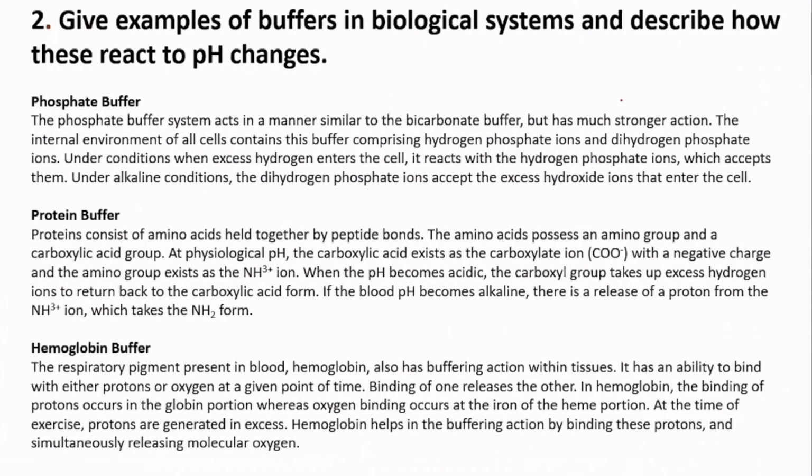So, here are some of the examples of the pH buffers that can be found in biological systems as well. We have your phosphate buffer, your protein buffer, and then your hemoglobin buffer. Your phosphate buffer acts in a manner similar to the bicarbonate buffer but has a much stronger reaction. The internal environment of a cell contains this buffer comprising hydrogen phosphate ion and dihydrogen phosphate ions. Next are your protein buffers.